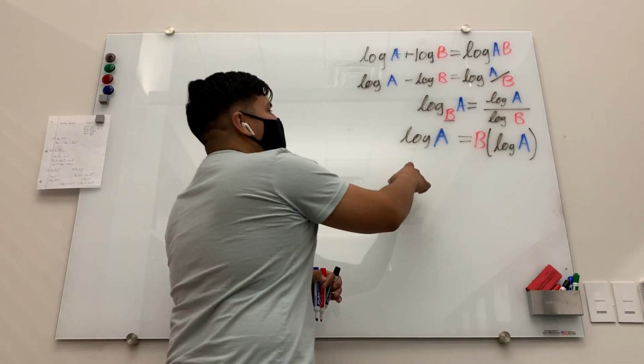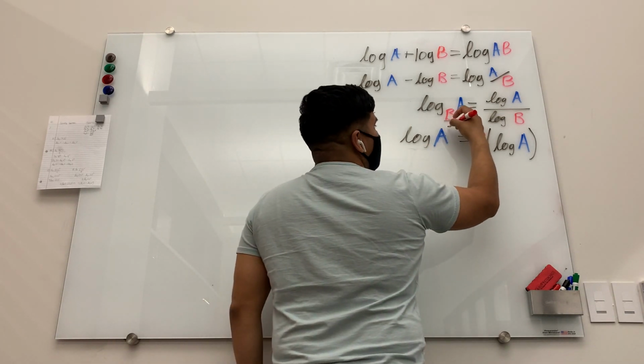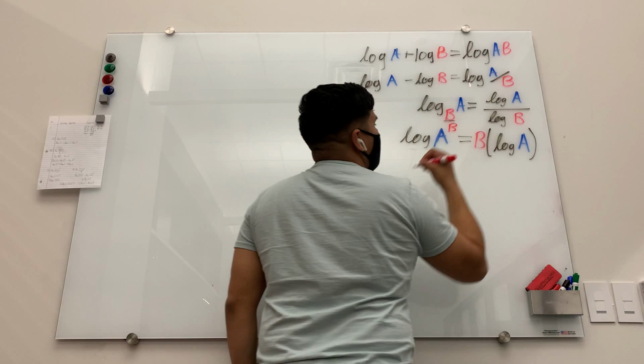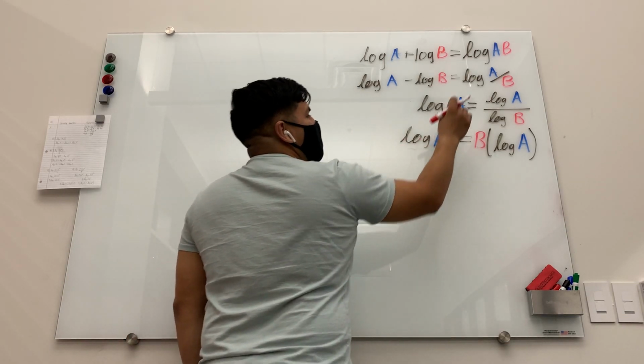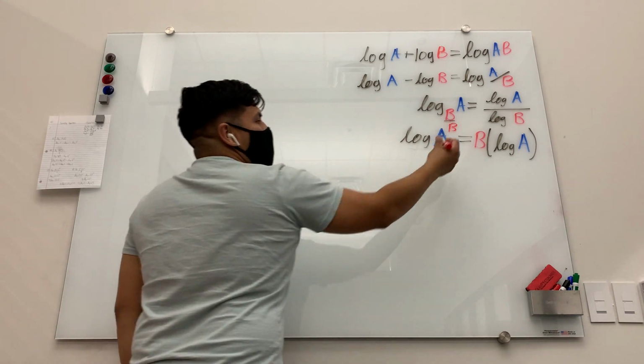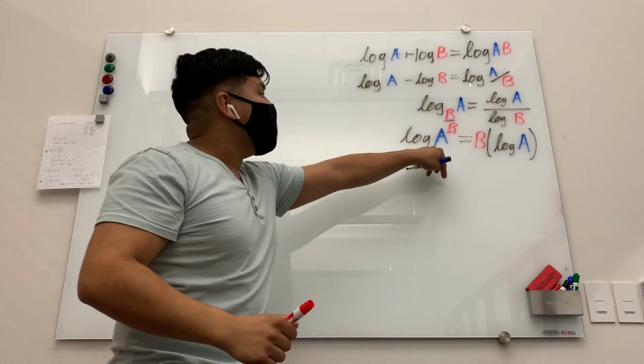All right, and then we finally have log of a to the b power. Our exponent in this case is b, the exponent of a.